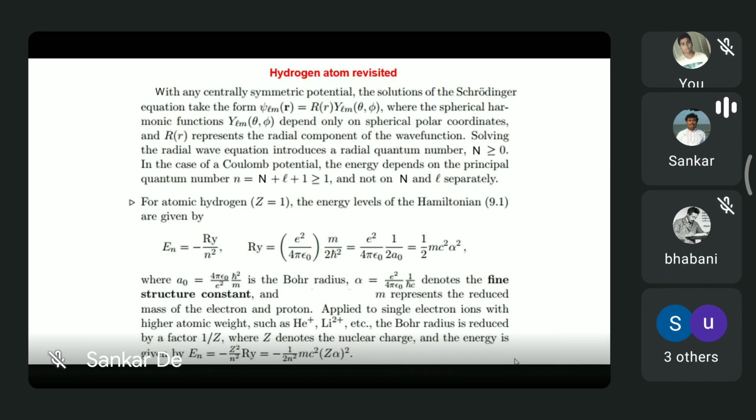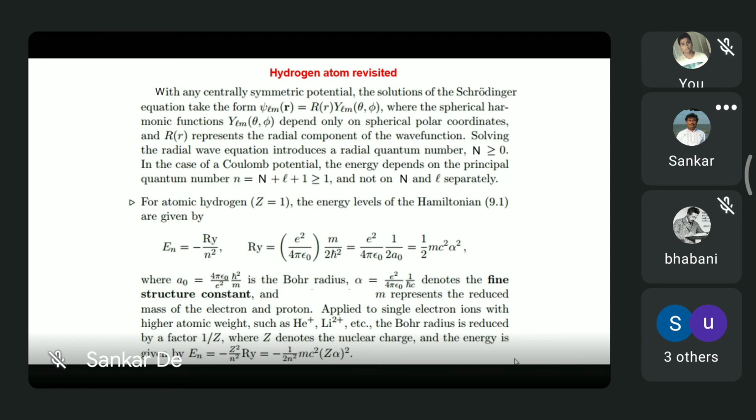Then in the case of the Coulomb potential, after we put the limitations on the Taylor expansion, we found that the energy depends on the principal quantum number, small n, equal to capital N plus L plus 1, which has to be 1 or more.